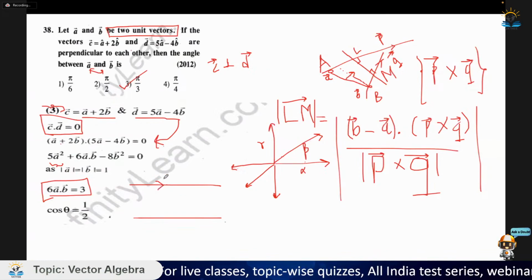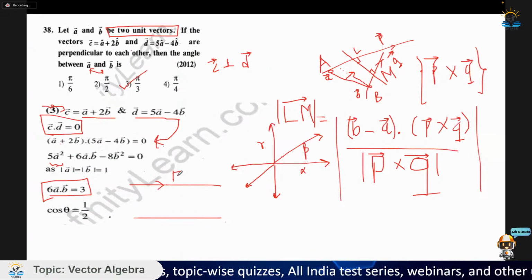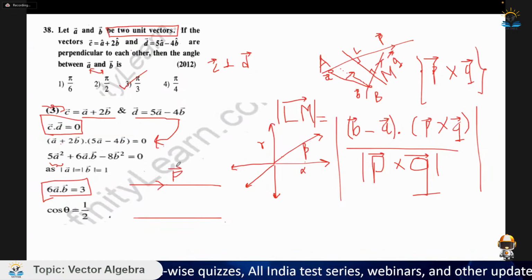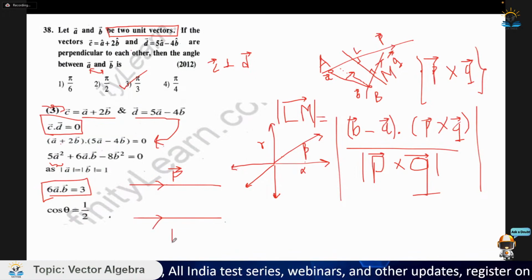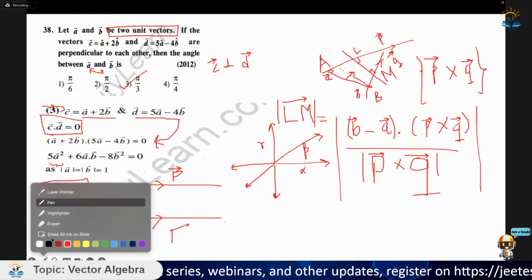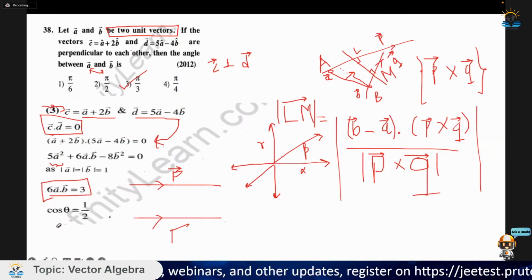So if this is p, and automatically this will also be p vector because I have applied the condition that the lines should be parallel.